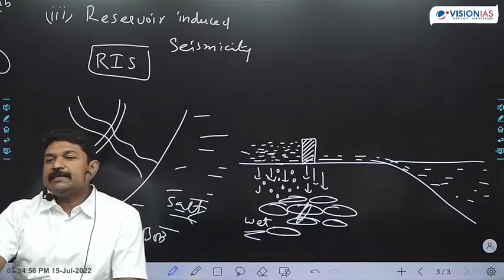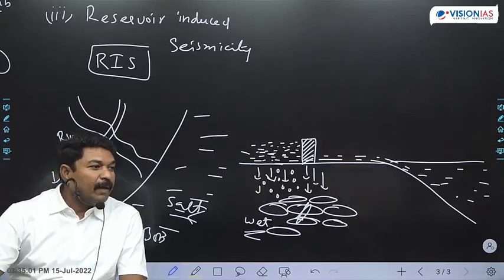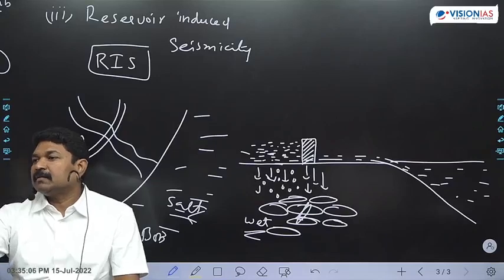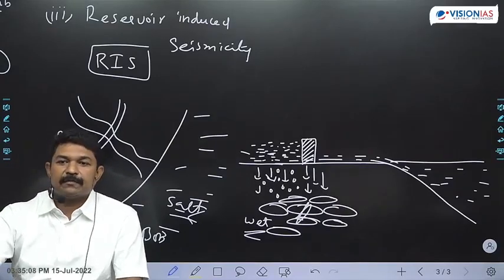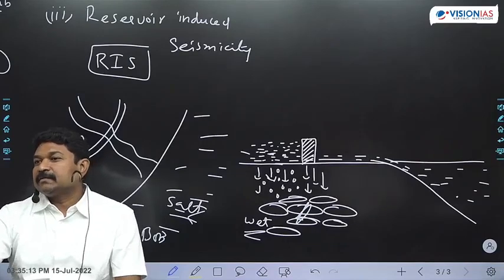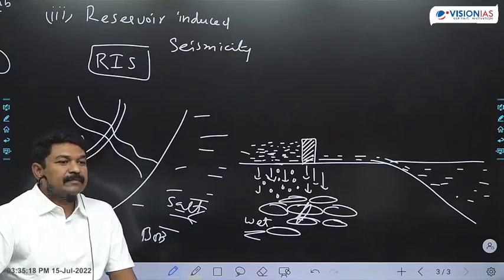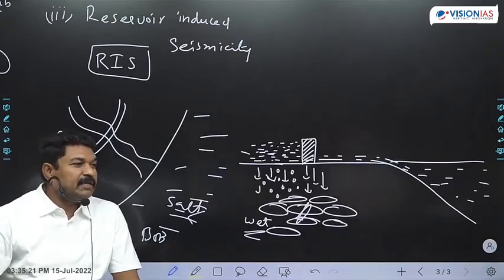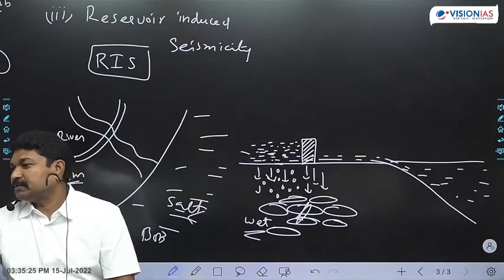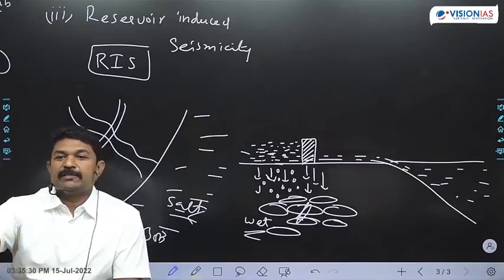Seepage of the water makes the rocks wet, nothing but they will be in a moist condition, which can break easily, triggering earthquakes. That is what is called reservoir induced seismicity.